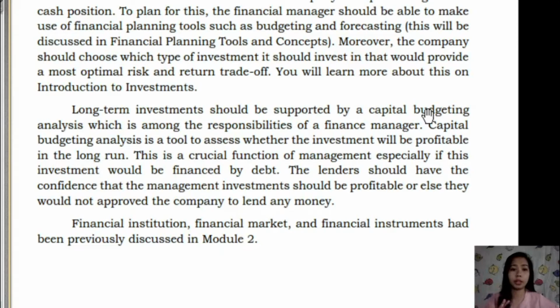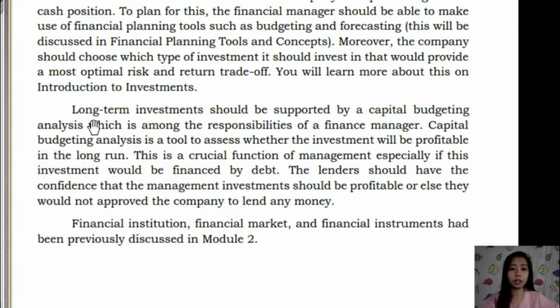Especially if it was financed by debt, let's say, bibili ng machineries, bibili ng land, but yung pinang-capital mo doon was financed by debt, you really have to think it through, especially the financial manager, that investment in machineries or in land or in your plant or factory would be profitable in the future, in the long run.